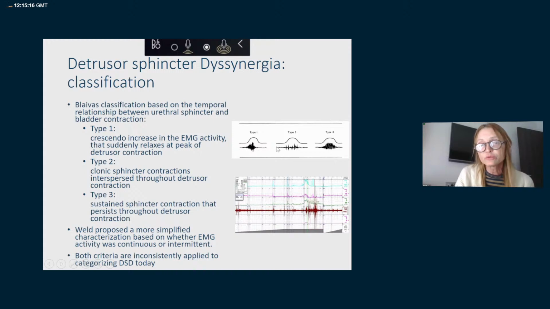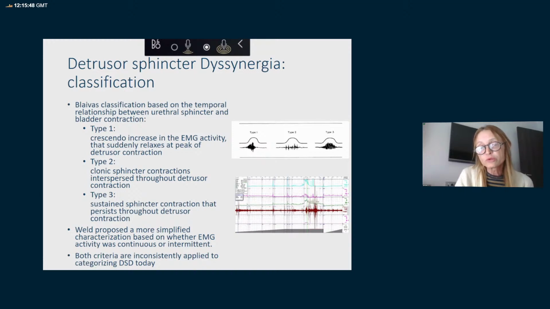In type 2, you will have clonic sphincter contraction interspersed throughout detrusor contraction. And in type 3, you will have sustained sphincter contraction that persists throughout detrusor contraction. This is of relevance for the risk for the upper urinary tract because it is known that type 2 and type 3 are more at risk for the upper urinary tract.